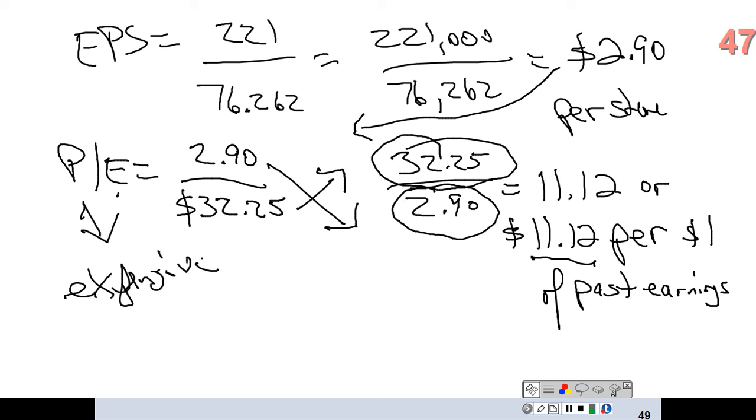And the reason that this is useful for us is because you can't just look at a stock and look at the price it's selling for and know, is this an expensive stock or an inexpensive stock? I don't like to use the word cheap for stocks.